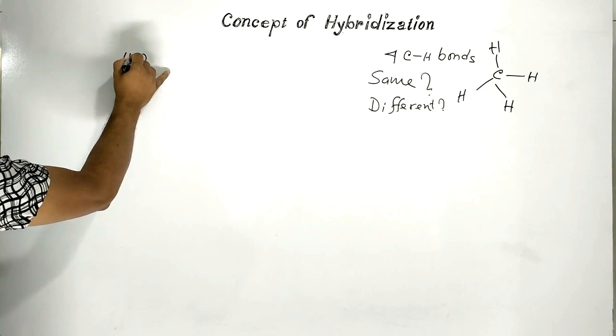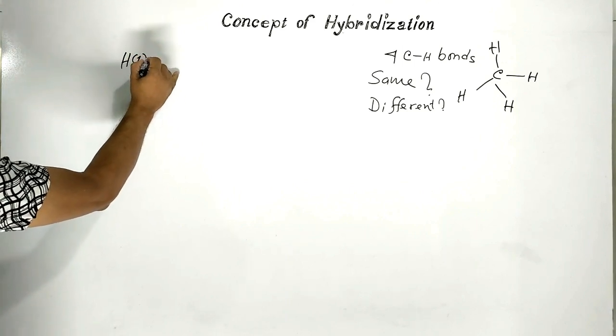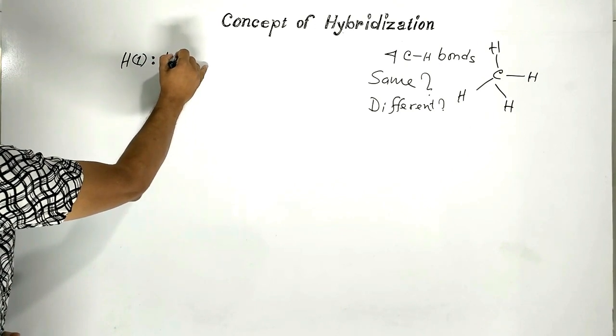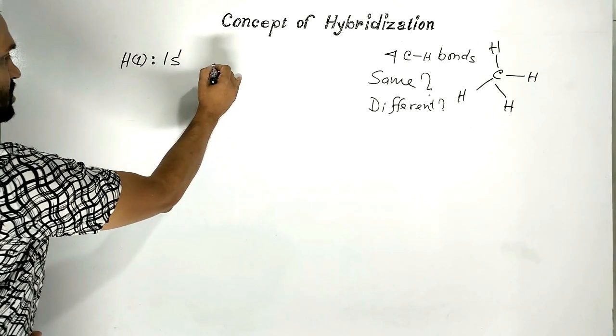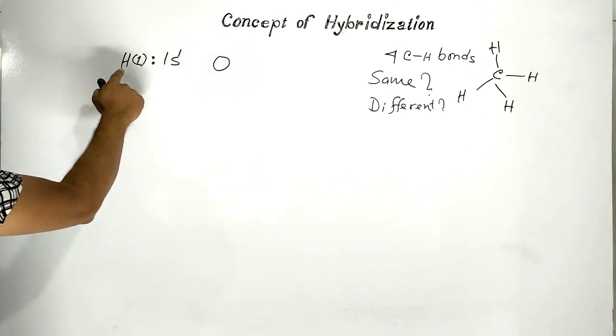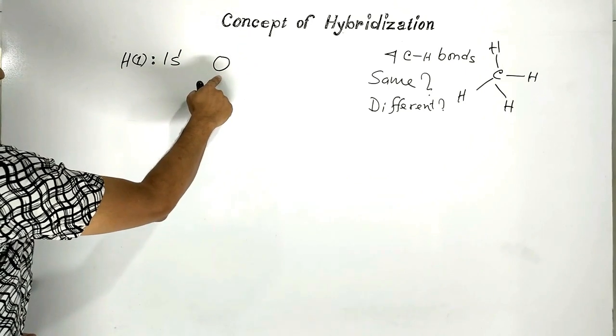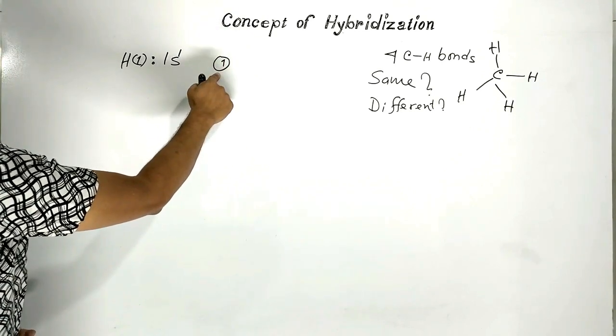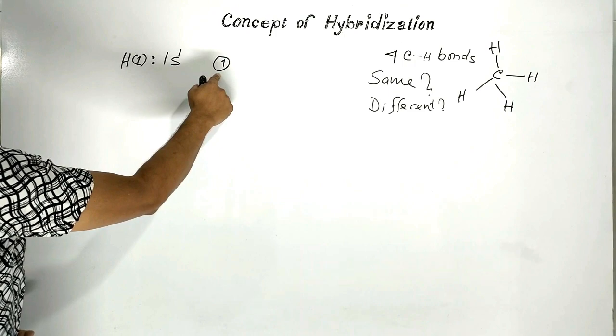Hydrogen has atomic number 1. Its electronic configuration is 1s1. That is, in hydrogen there is one s orbital that contains one electron. The s orbital, we know, is spherical in shape.